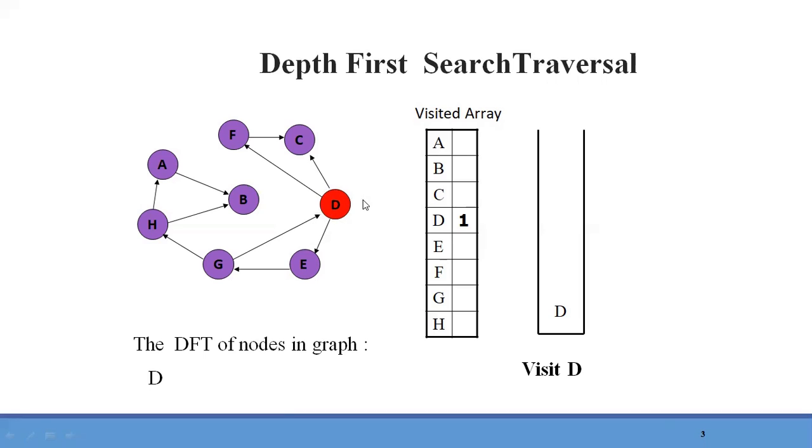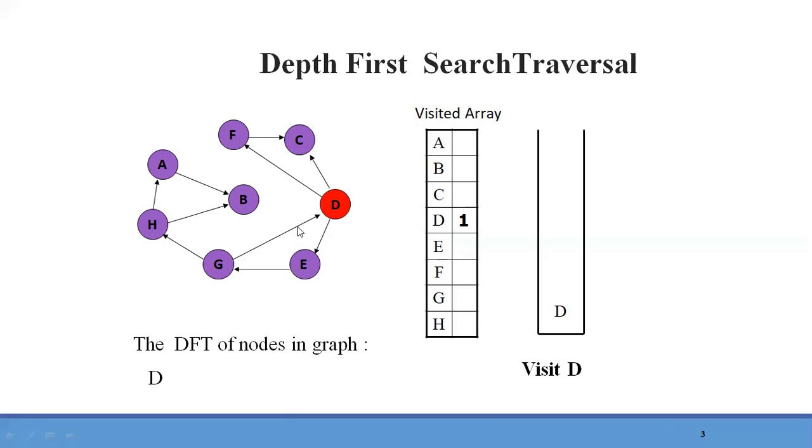That means we have visited vertex D, and to denote that, its respective entry in the array will be replaced with value 1. And here we will be representing the output of the visited nodes. So D is a visited node, so it is displayed in the output.